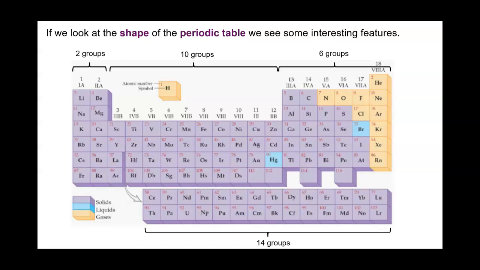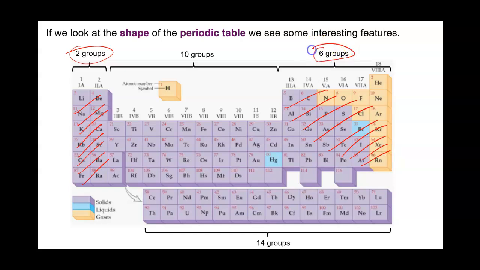Now, I mentioned previously, if we look at the periodic table and we consider the shape of it, we see something quite interesting. This block over here on the periodic table is 2 groups wide. This block over on the far right of the periodic table is 6 groups wide.